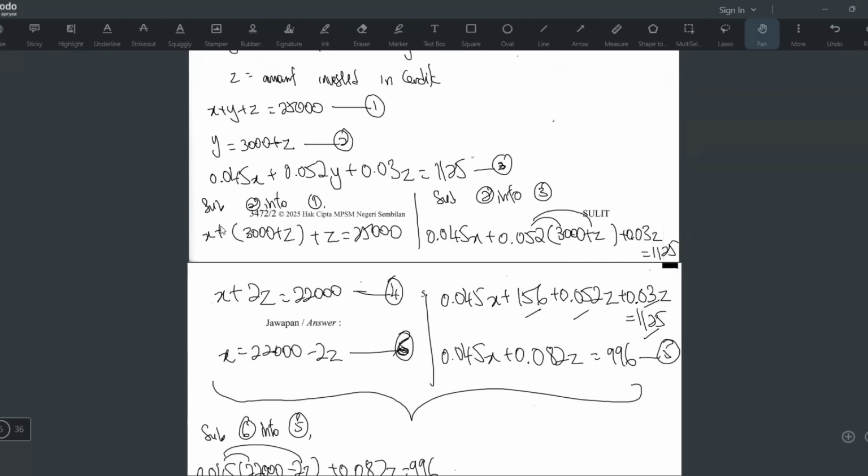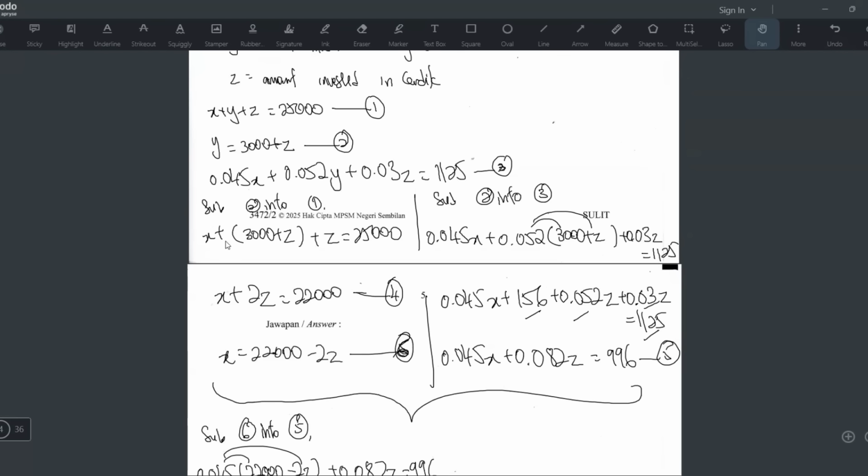Okay, X plus Y plus Z. Y is 3,000 plus Z, correct? And then 25,000 minus 3,000. This is correct. And then 2 into 3. 0.052Y plus 0.03Z equals 125.